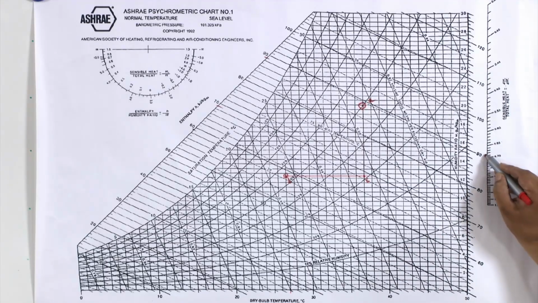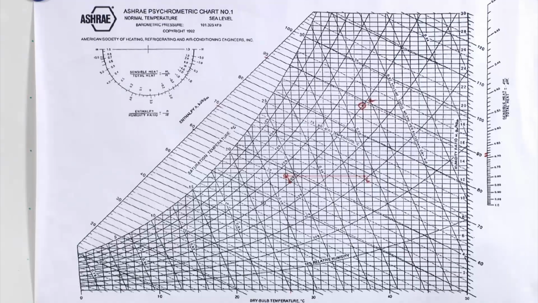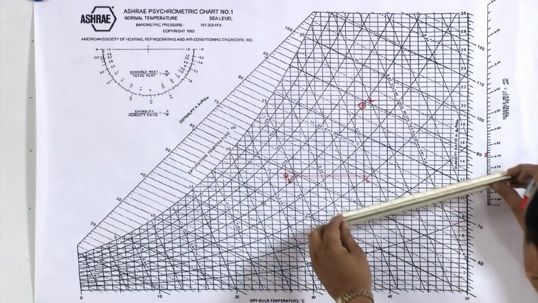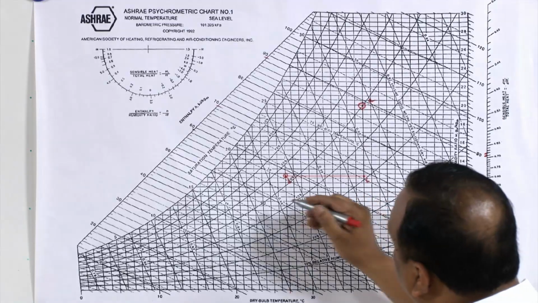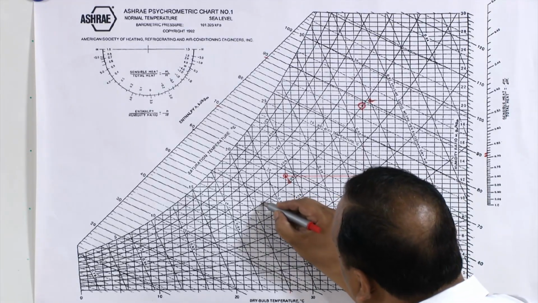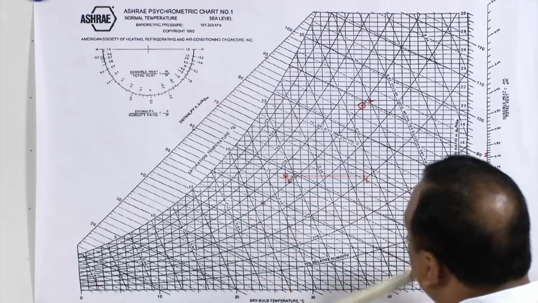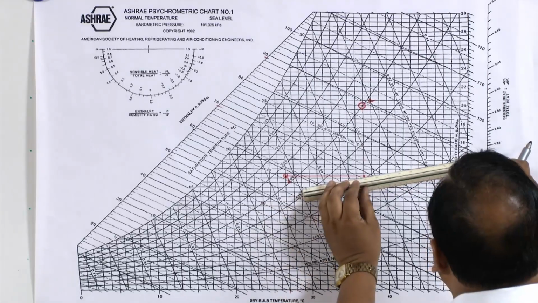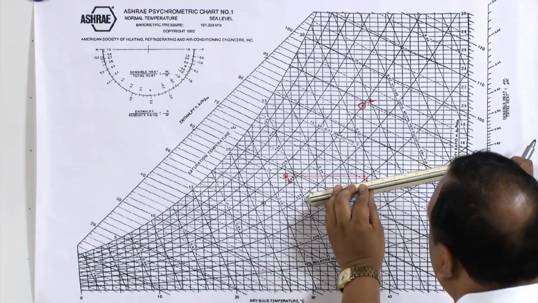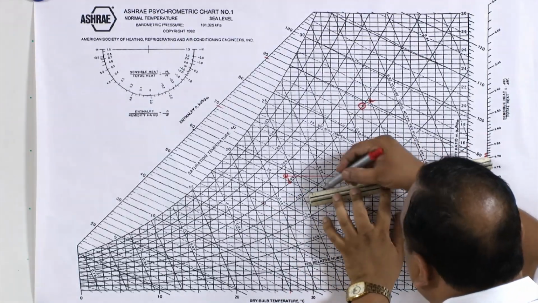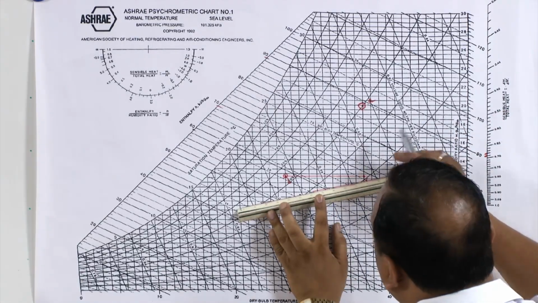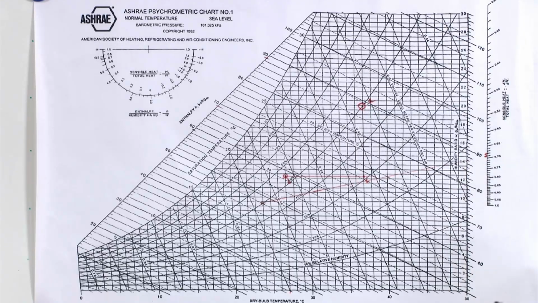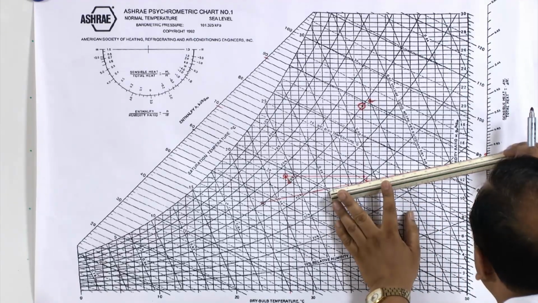This 0.68 is joined with the ideal condition, that is 24 degrees centigrade. There is a circle here, so this point has to be joined with this one. This is the sensible heat factor line for 0.68.